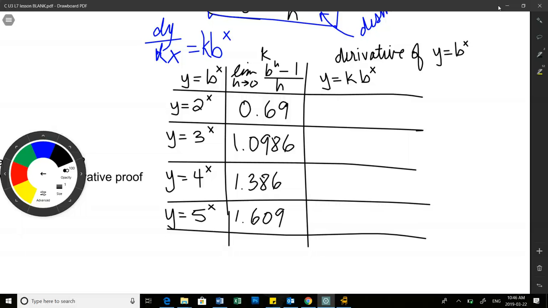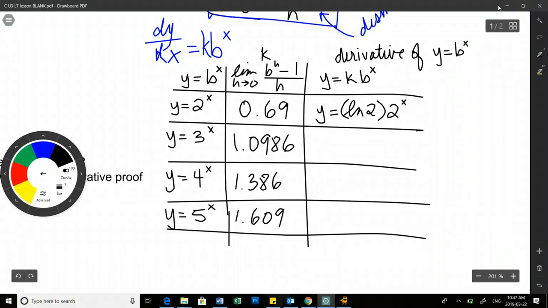The ln of 4 is equal to this value. And the ln of 5 is equal to this. So as my base changes, that k multiple is the ln of that base value. So the derivative of y equals 2^x is the ln of 2 times 2^x.